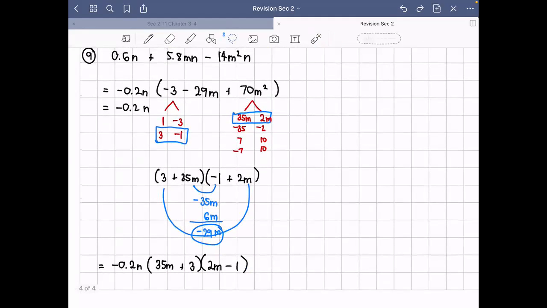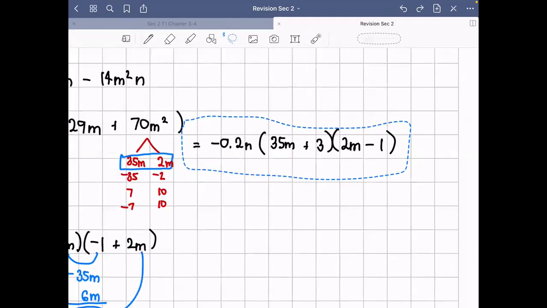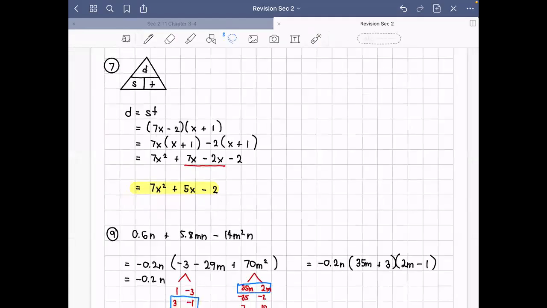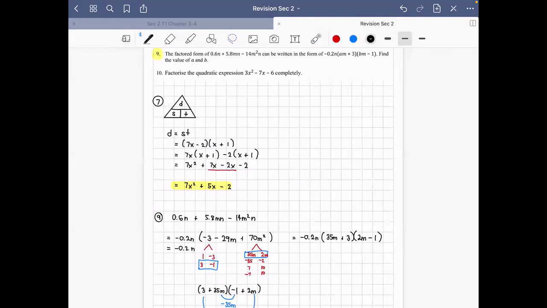We're almost done, class. Let me just finish this one. So the format is negative 0.2n, and then am plus 3, and then bm minus 1.